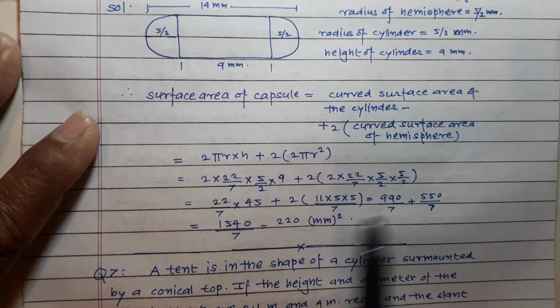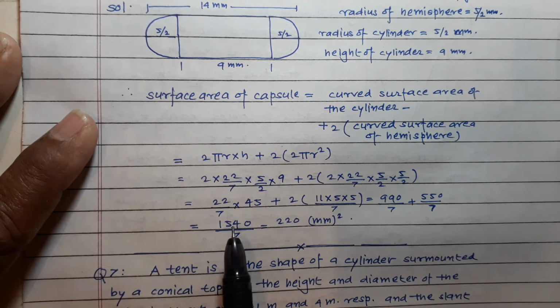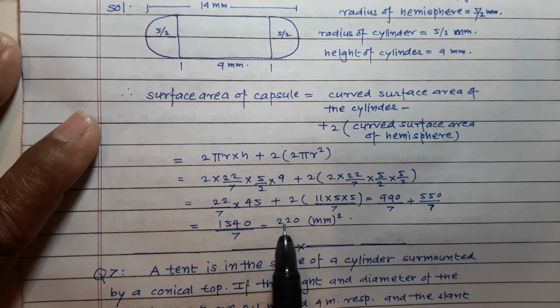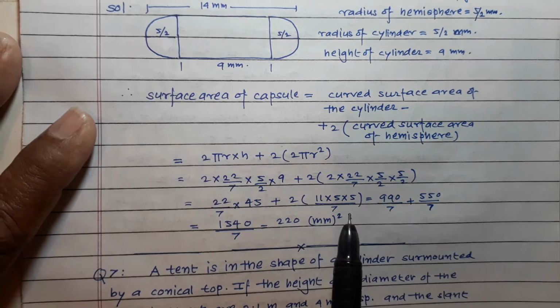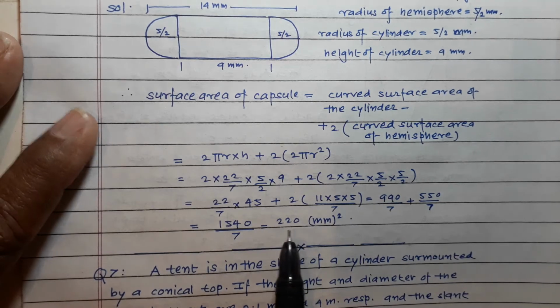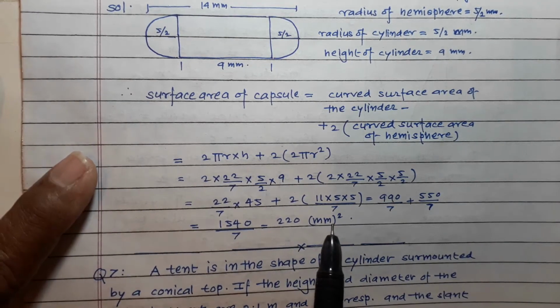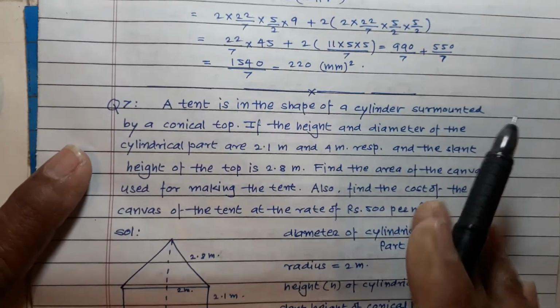Add this, denominator is 7, so it is equal to 1540 upon 7, and you simplify this, you will get 220 millimeter square. So therefore surface area of capsule is equal to 220 millimeter square.